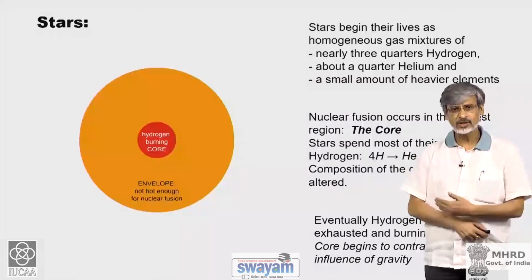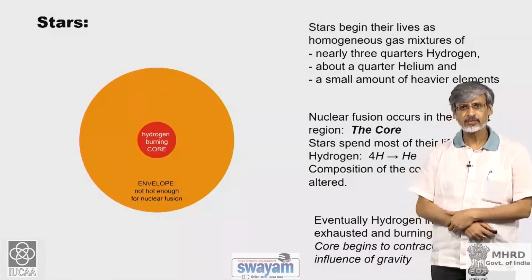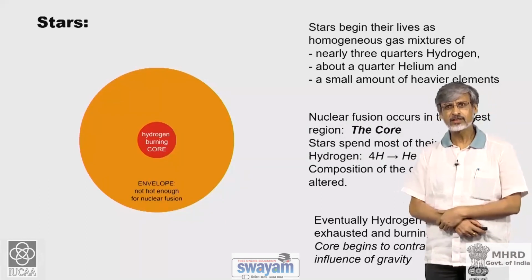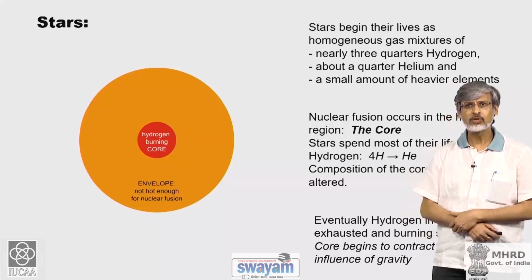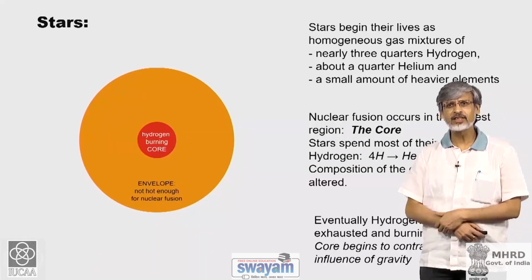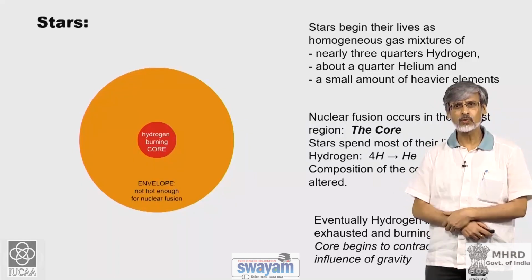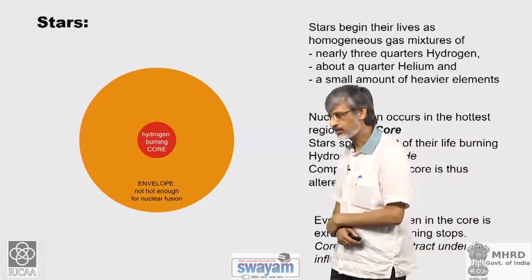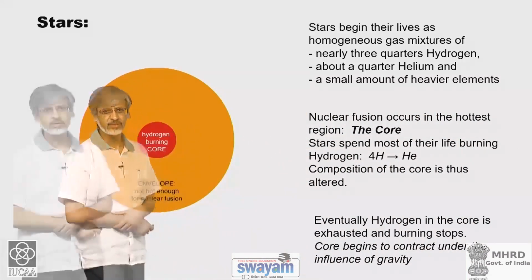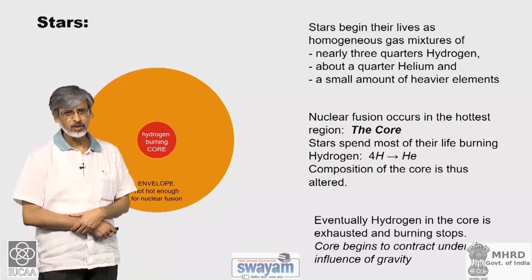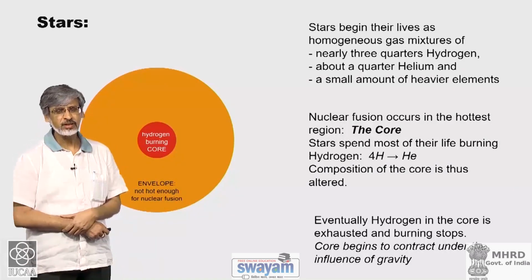What happens through the life of a star? In the beginning, the stars start their lives as homogeneous mixtures of gas, of which nearly 3/4 is hydrogen, about 1/4 is helium, and a small amount of material is composed of heavier elements. Now, nuclear fusion occurs in the core, where the material is hottest.